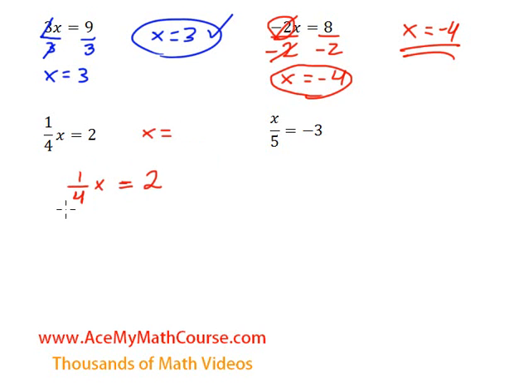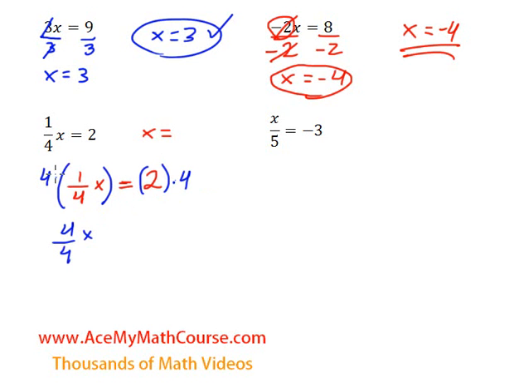Now, how do we get rid of this 1/4? Instead of dividing both sides by a quarter, what I can do is that I can multiply both sides by 4 instead. And why is that? Well, 4 times a quarter is just 4 over 4.